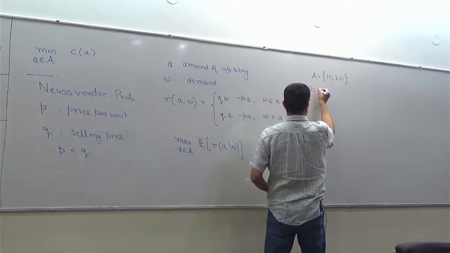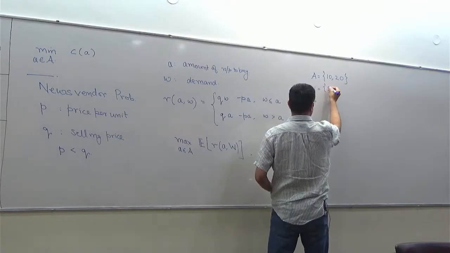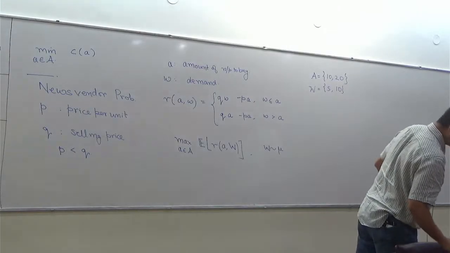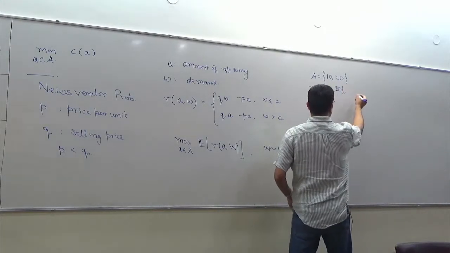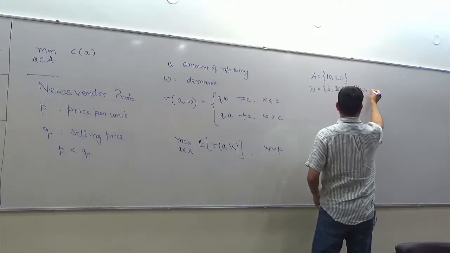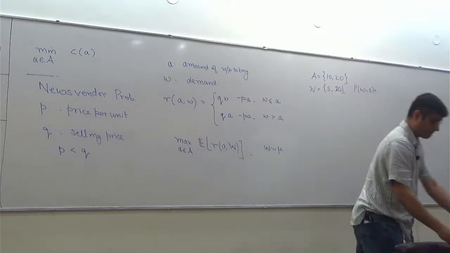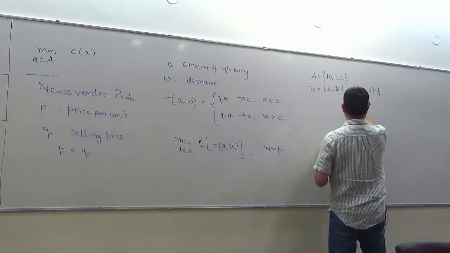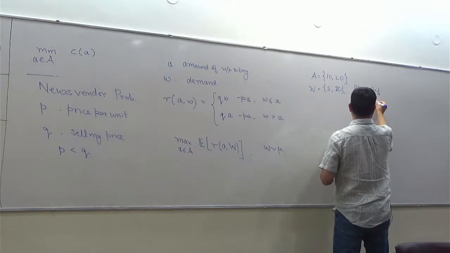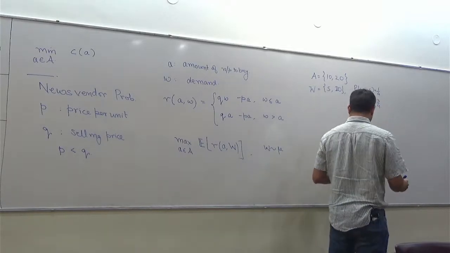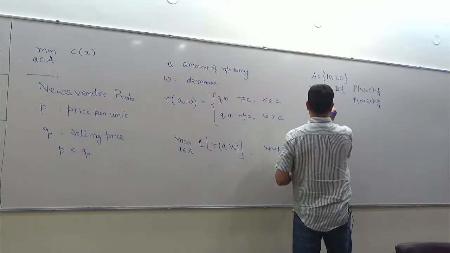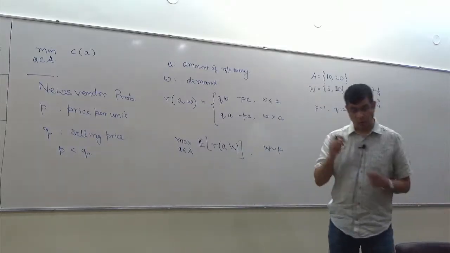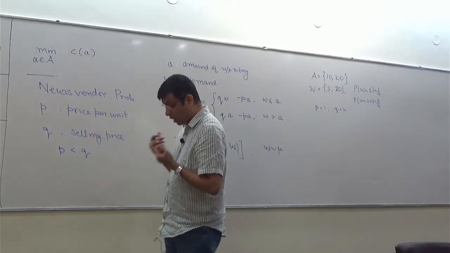So I'm going to make some very, very simplistic model, with demand being 5 or 20. These are just some arbitrarily chosen numbers at this stage. What I want you to focus on is how to think about this problem.